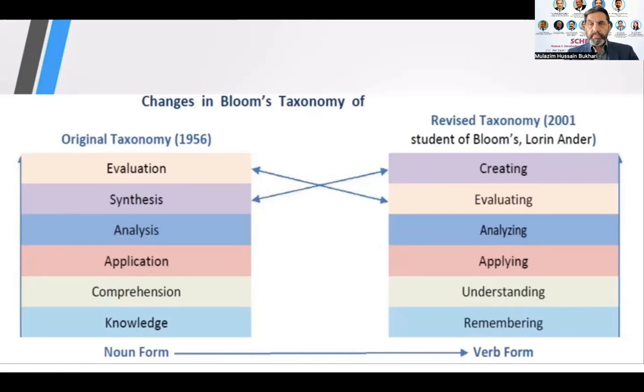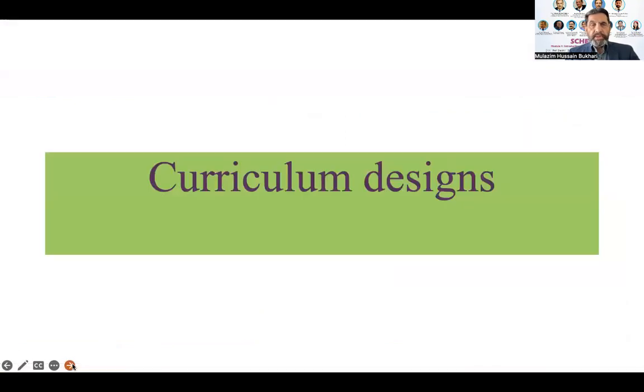So for developing any institution's curriculum, these things should be followed stepwise. All of these are very integrated: if you miss any step in developing the curriculum, you cannot complete all the steps. That is why it is very, very important to follow the curriculum designs.